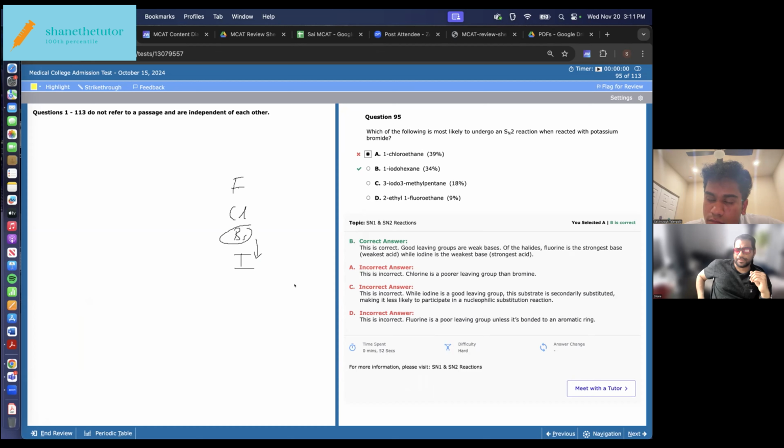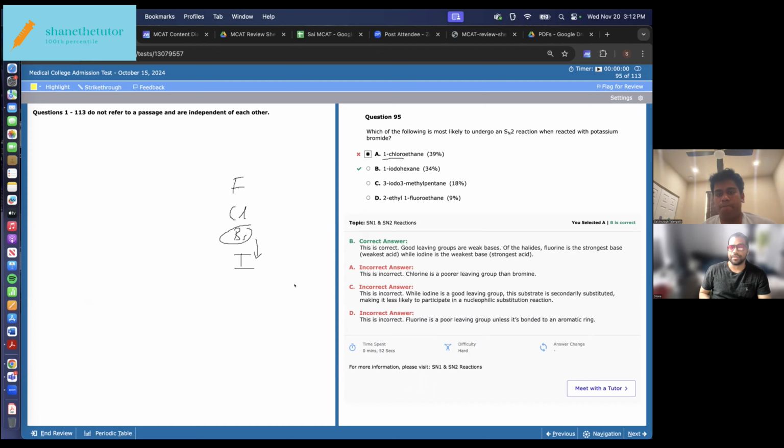So for the chloroethane here, the chlorine has a stronger affinity for the ethane compared to the bromine. But the iodine is the only one that has a lower electronegativity. So yeah, you can think of it as electronegativity, I suppose.